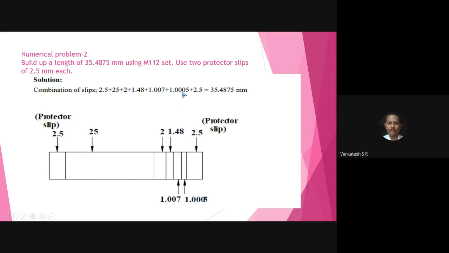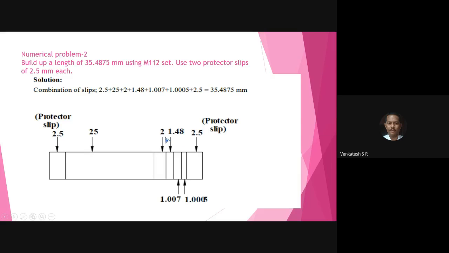So you have selected the fourth decimal place value. Next, the third decimal place, that is 7: 1.007. Next, the first and second decimal place, 1.48 is available.